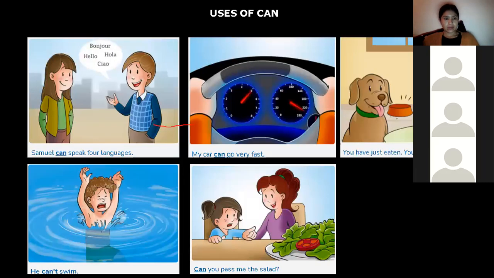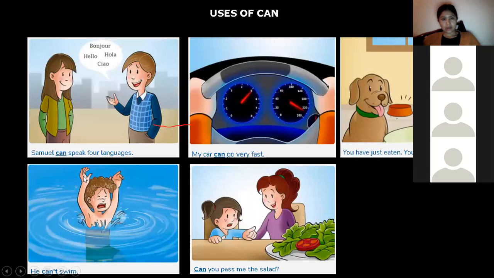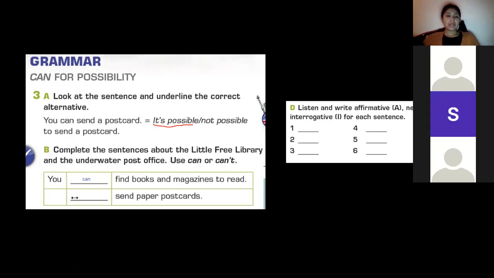And then the second one, you can or you can't send postcards? Do you remember, Chesid, what material the postcards had to be made of to send them? Plastic. Very good. They had to be made of plastic.